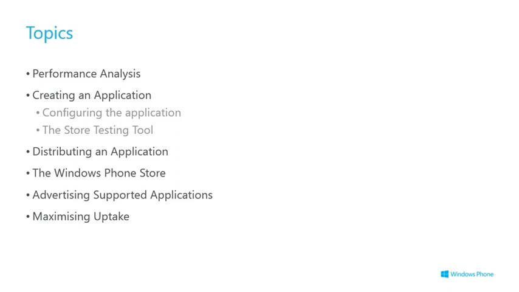We're going to look at what you submit, how you build your submission package, the distribution options for your application, the actual process of submitting it and the testing that goes on, some other things about monetization, talking about advertising, and some top tips on how you can maximize the uptake of your application.